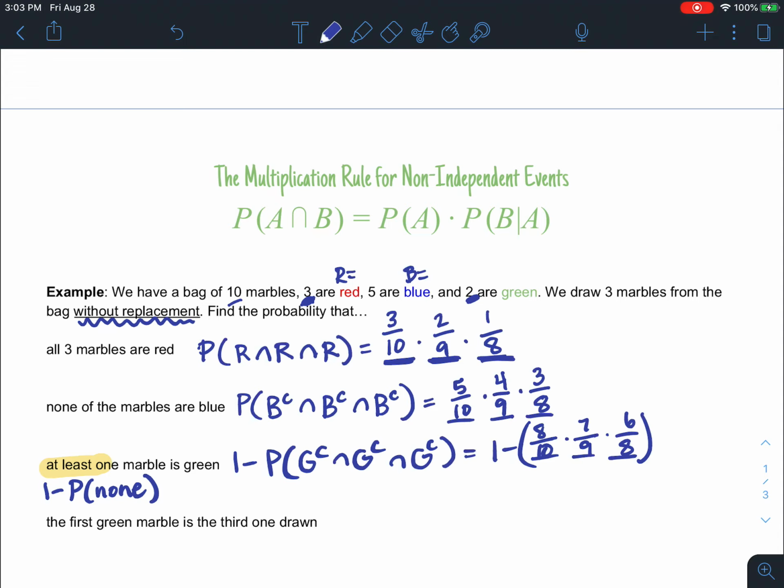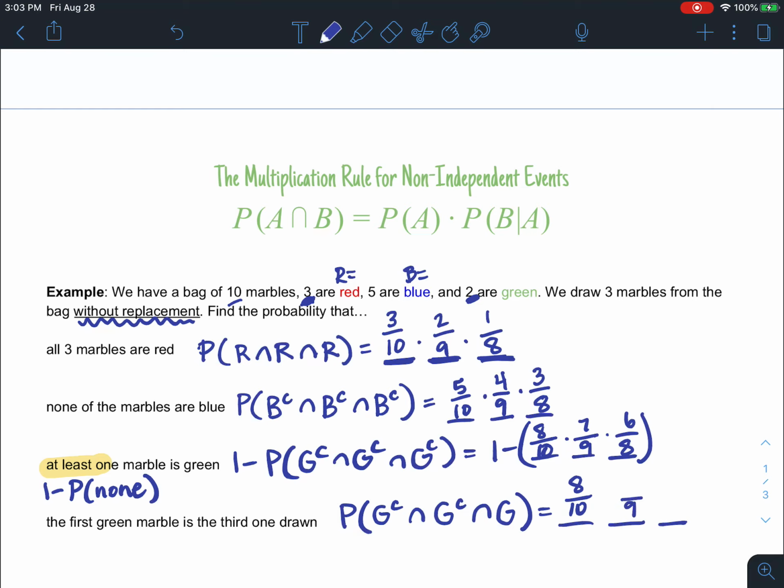And the last problem, what's the probability that the first green marble is the third one drawn? That means that the first draw is not green, and the second draw is not green, but the third draw is green. Let's take this one at a time. So I reach in the bag. The first marble is not green, so the probability of that would be 8 out of 10.